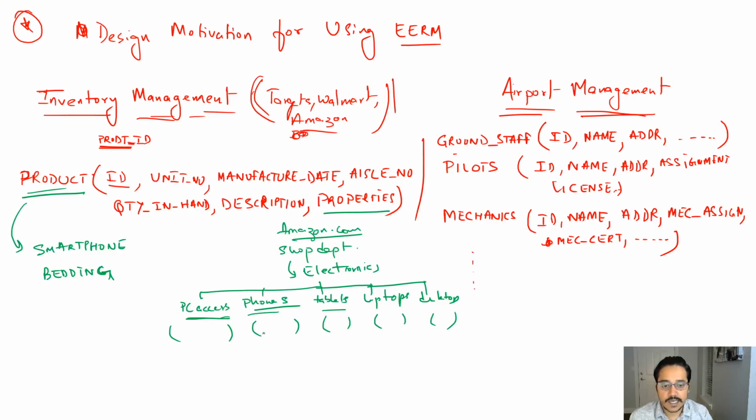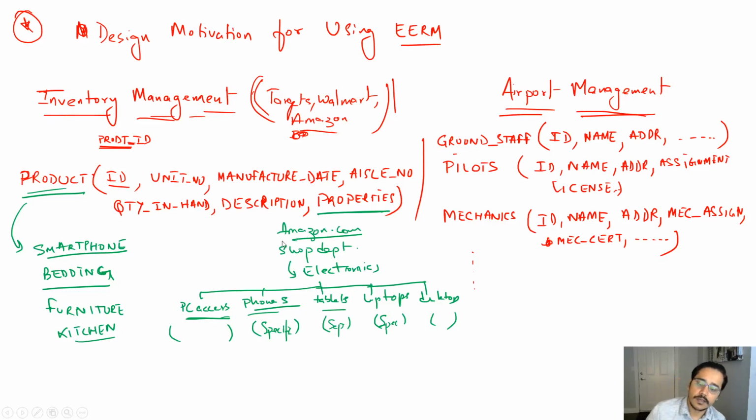That means the specifications for phones and tablets necessarily might not be the same. The specifications you have for laptops might not be the same. Similarly, if you have the categories of smartphone versus bedding versus, let's say, furniture, and kitchen supplies, you might not have the same attributes, right? But everything else might be the same, right?